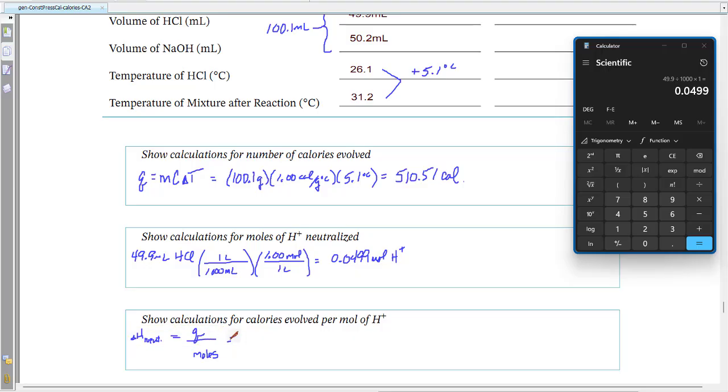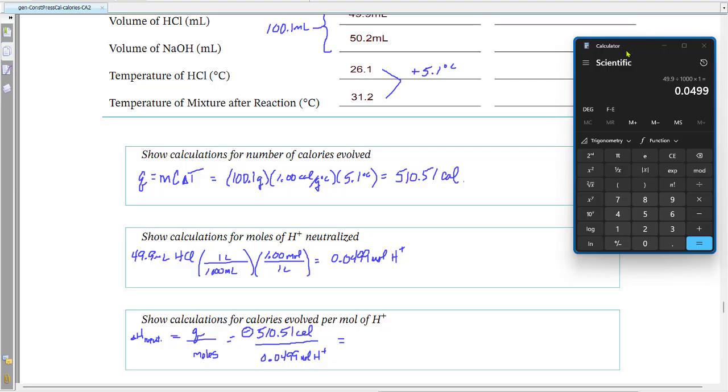All right. Q of the reaction is the opposite of what we had up above. Right? If the calorimeter absorbed 500 calories of energy, it must have released that out of the reaction. So negative 510.51 calories over 0.0499 moles of H plus.